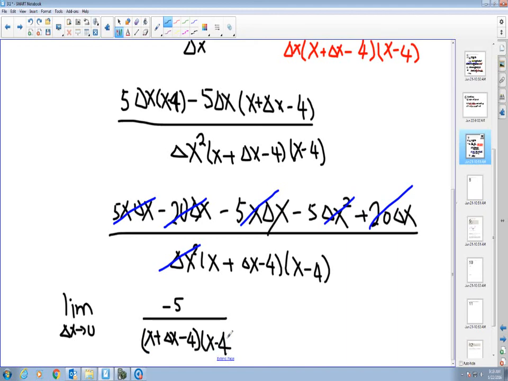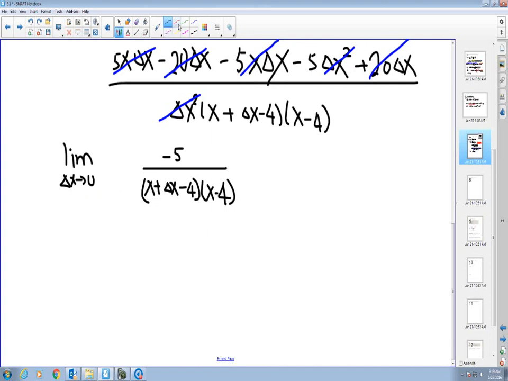So as delta of x approaches 0, that means this term is going to be a 0 term. So that leaves me with x minus 4 and x minus 4 in the denominator. So my answer will be just negative 5 over x minus 4, whole thing squared. That will be my slope.